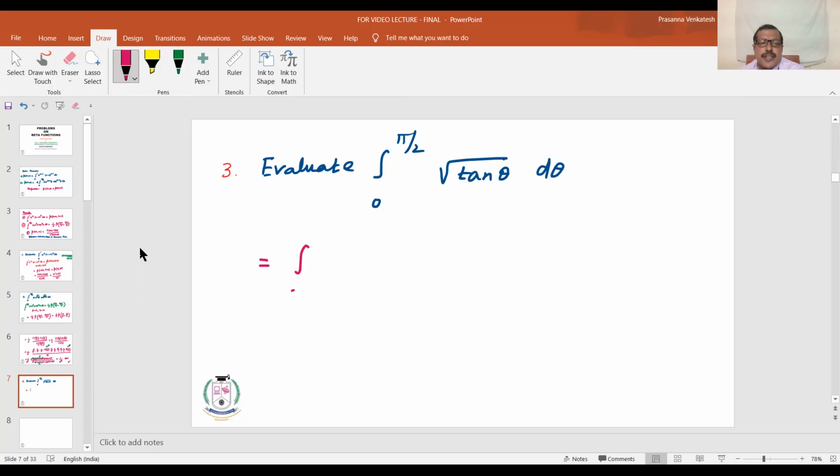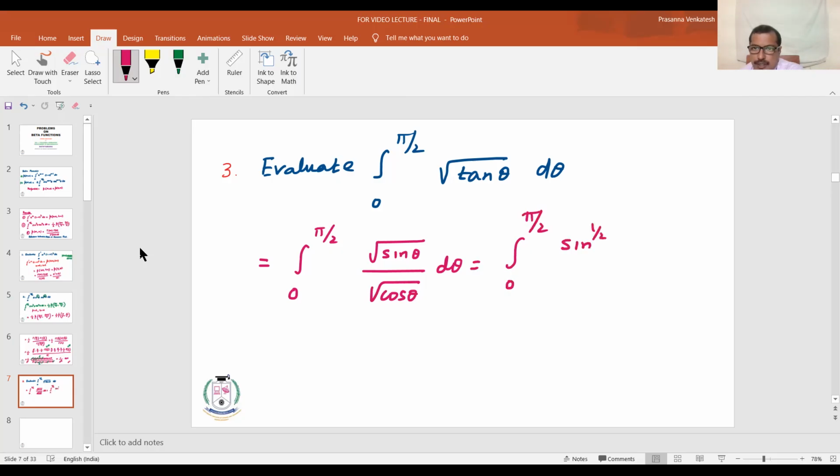So I can write this as 0 to pi by 2 root sine theta divided by root cos theta d theta. In fact, square root is whole power half. Therefore, 0 to pi by 2 sine power half theta by cos power half theta d theta.